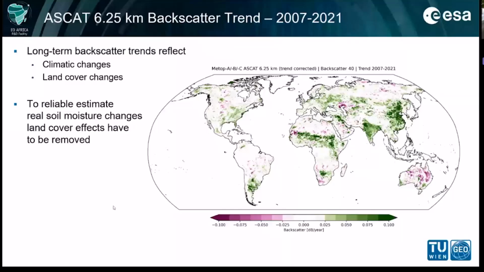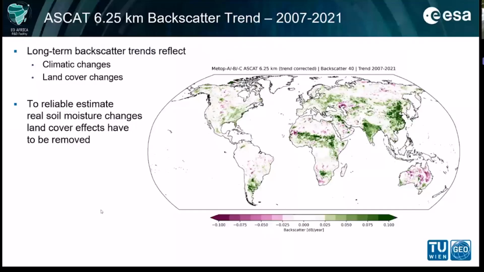The first algorithmic improvement that we applied was accounting for the fact that we observed that the backscatter measurements acquired by the scatterometers seem to have increased over many parts of the world. For example, here you see a graphic that illustrates, in areas shown in green, where we have seen long-term changes in backscatter, so basically higher backscatter.